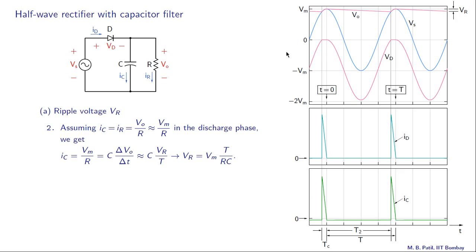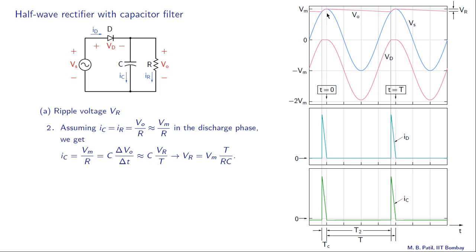And if we look at VO in the discharge phase, it falls linearly, and we have seen the condition for that to happen: the time constant RC is much larger than the period T of the input waveform.